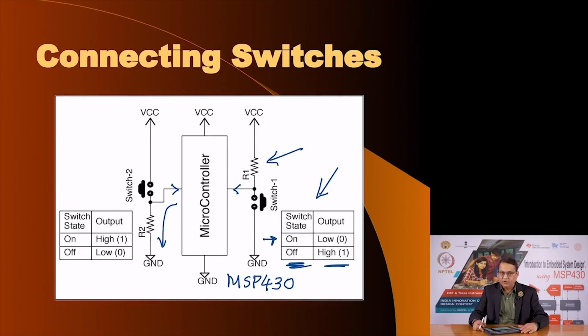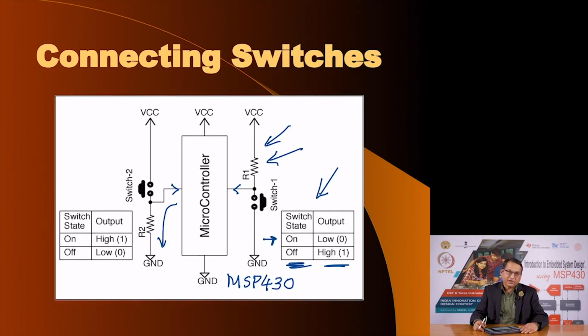So, it would depend on you whether you want to connect the switch in the pull down resistor configuration or pull up resistor configuration. In many microcontrollers, they have a facility where the resistor, whether it is a pull up resistor or pull down resistor, is available on the port pin, and we can engage whichever resistor we want.